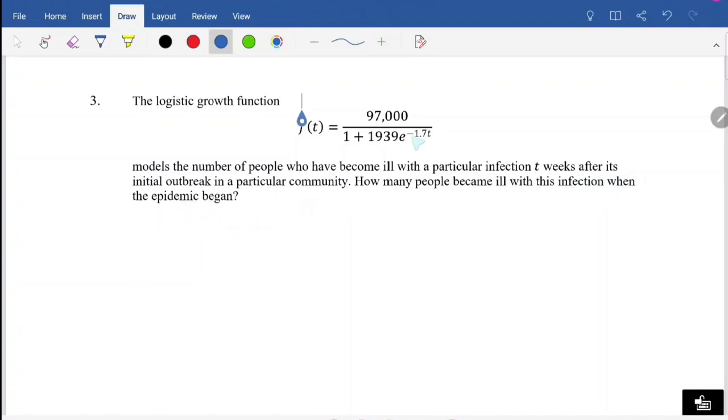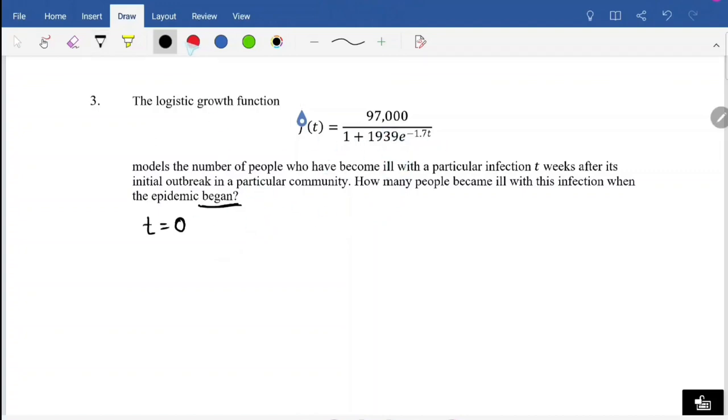That means at the start of the outbreak, how many people were infected on, let's say, day 1 of the outbreak. So that's what we have to find. When this infection began, that means t is equal to 0.